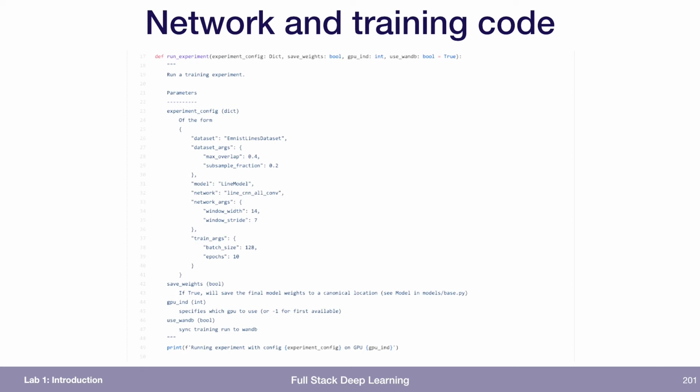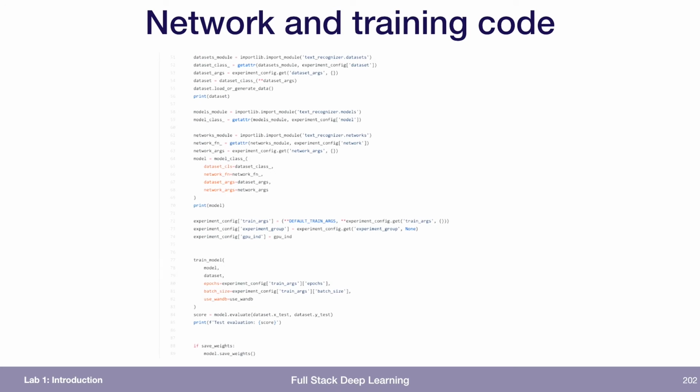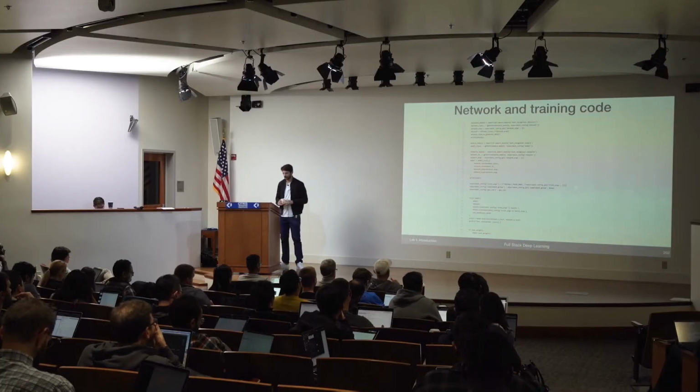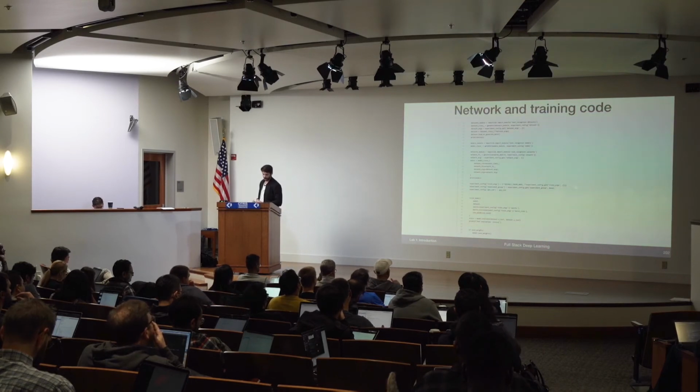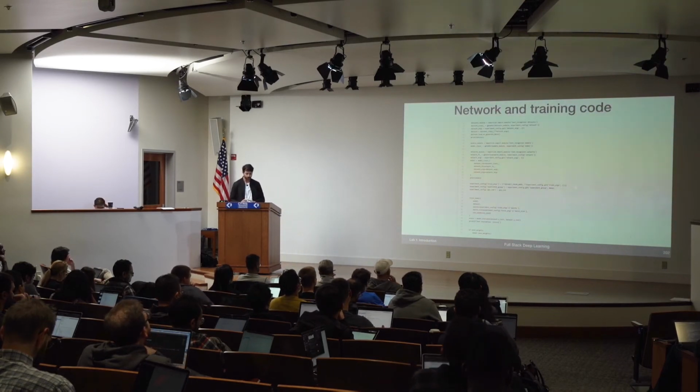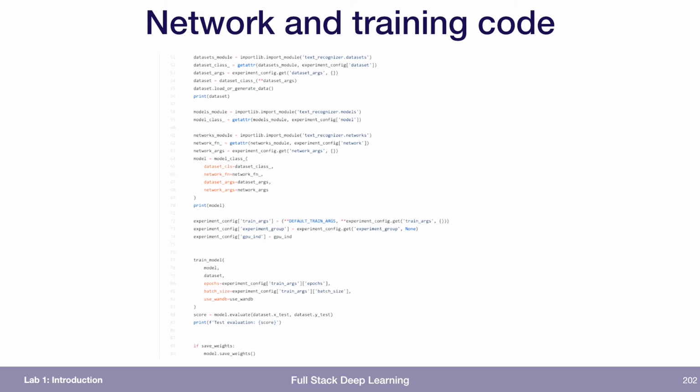So that's the config. And then what it does with that config is it uses it to import the specific data set that you're going to use, and then instantiate it, and load or generate the data, right? So download the data if it's not already saved locally.